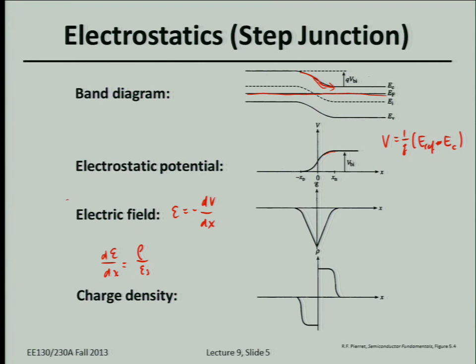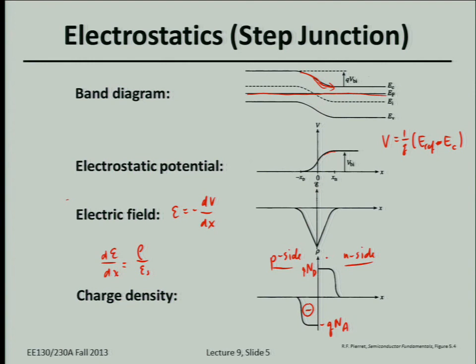On the left, we have negatively ionized acceptors because this is the P side, and on the right is the N side. In this class, just to be easy, we'll always draw the P-type side on the left and the N-type side on the right. So on the P side in the depletion region you have some negative charge, minus qN_A. And on the N side, you have positively ionized donors up to a certain depletion width, so it's qN_D on the right.